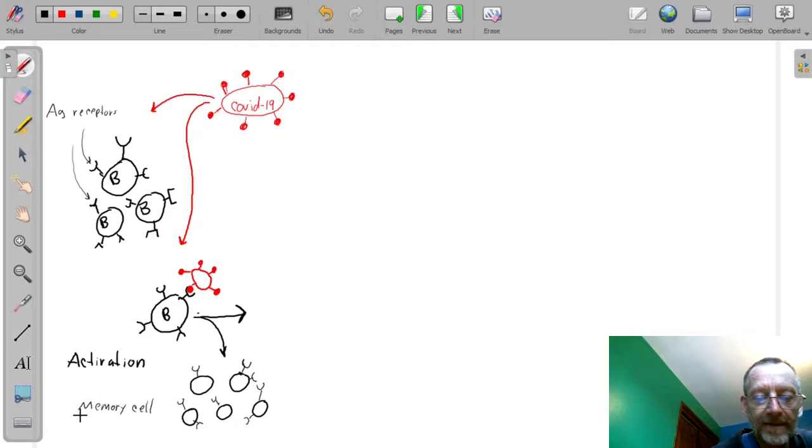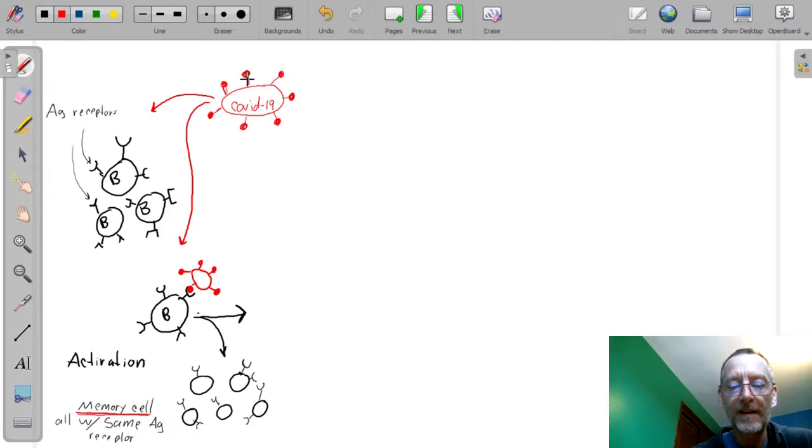Memory cells, let's say all with the same antigen receptor. So that's one population. Those are the memory cells. They won't fight the infection today. Hopefully they will stay with you, and the next time you come in contact with COVID-19, they will be ready to go. And now you have maybe millions of them instead of just one.